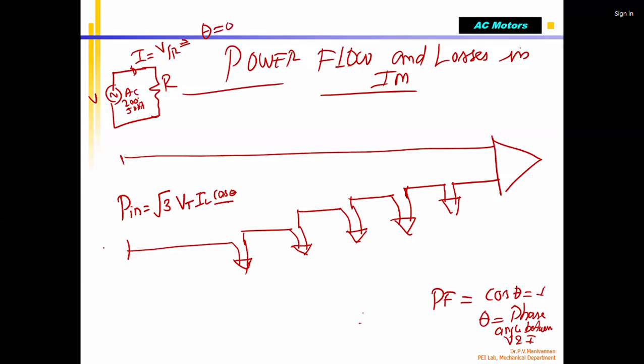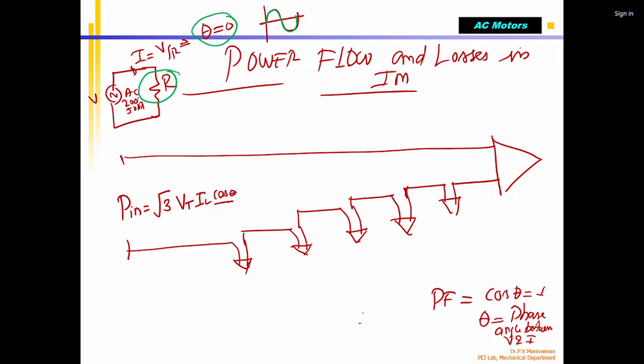That means I can just draw, this is my input voltage, my input current also in phase. That means it is also sinusoidal, it is in phase, there is no phase difference. This happens in resistive load. If I supply a AC voltage to resistive load, current and voltage is in phase, there is no phase shift, theta equal to 0, cos 0 equal to 1, correct?